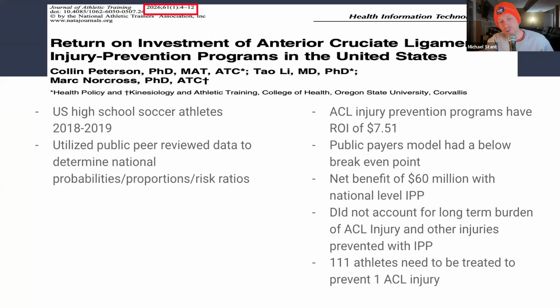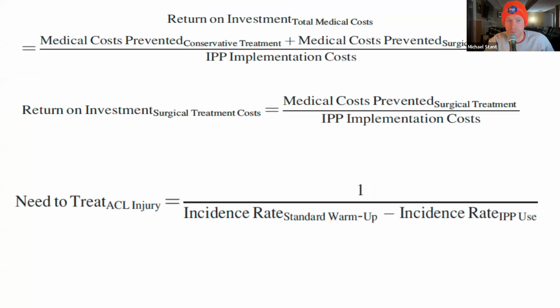And then I talked real briefly about this number needed to treat. It's a statistic, and I'll show you what the equation is in the next one. But 111 athletes need to be treated to prevent one ACL injury in this model. So just think about that. It takes a few teams all incorporating an injury prevention program to save money essentially.